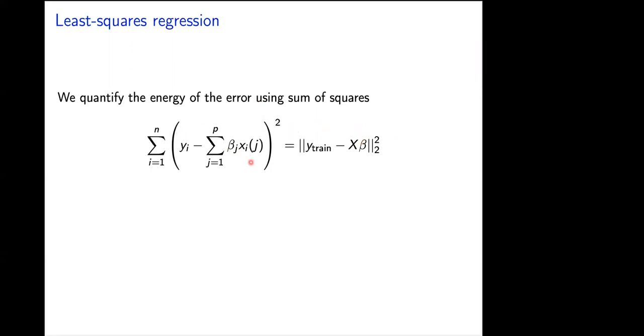So the sum of squares here is the distance between yi and the actual outputs of your model that you're training, which is the distance between y train and these outputs in a norm over here.